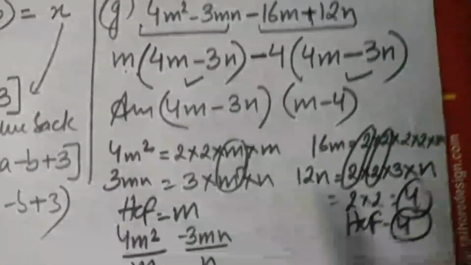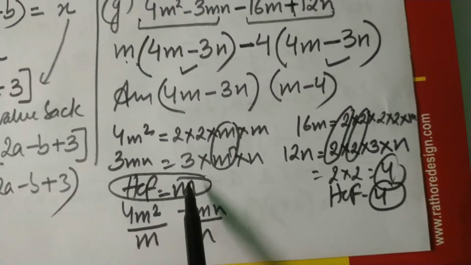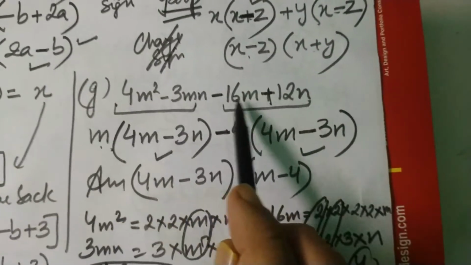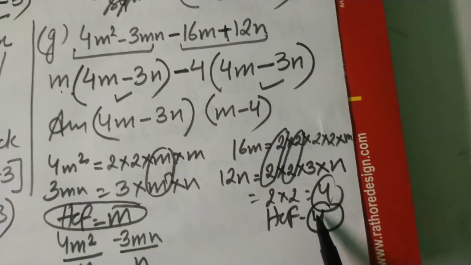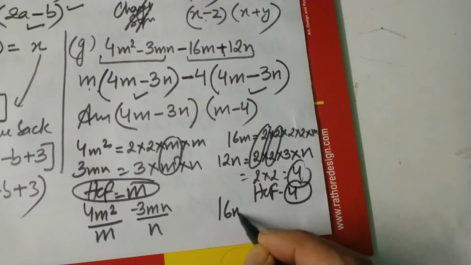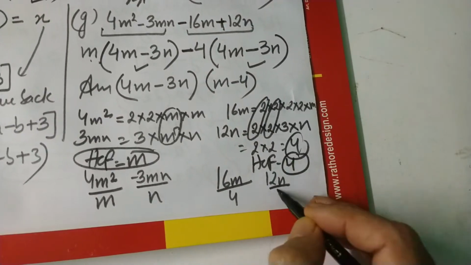So first you have to find HCF, which you have found. After finding HCF, this HCF will divide this and this. So now 4 will divide 16m and 12n, 16m divided by 4 and 12n divided by 4.